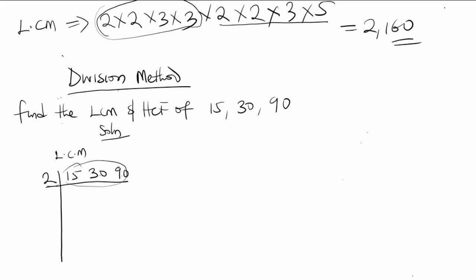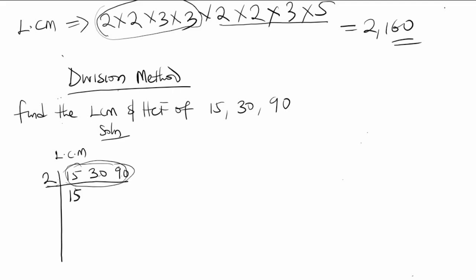Take note, what you are looking for is a factor that will divide these numbers without a remainder. So you bring down 15 because 2 cannot divide it without a remainder.